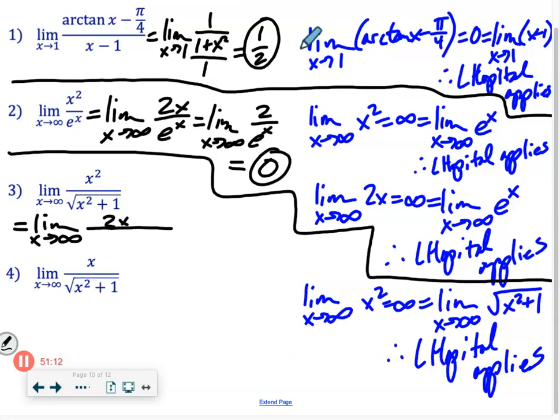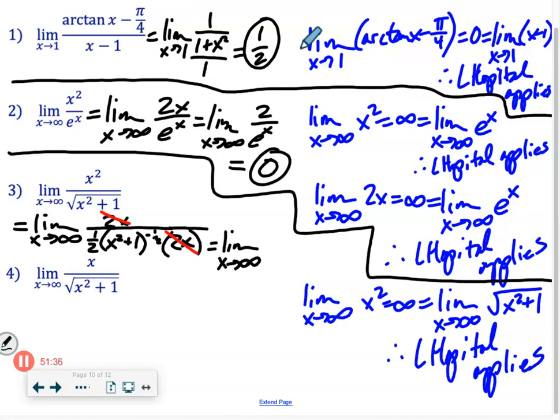All right. So when we do our limit, derivative of the top is 2x. The derivative of the bottom is 1/2 times x squared plus 1 to the negative 1/2 times what? 2x. Chain rule, right? If we clean this up, we have limit as x approaches infinity.